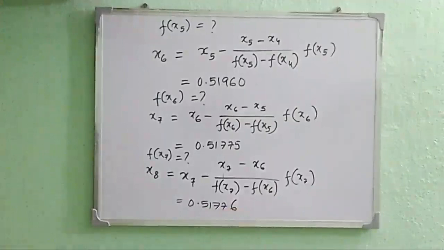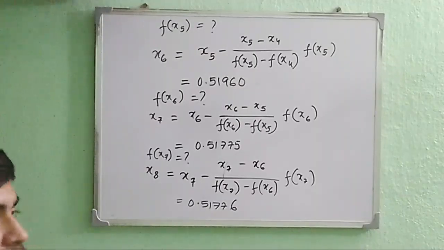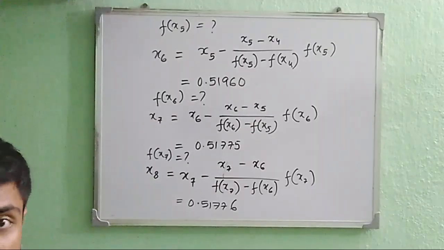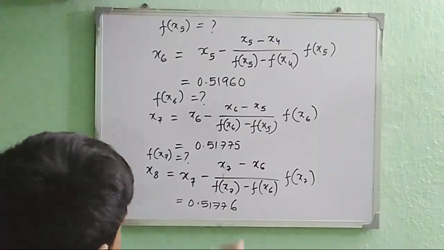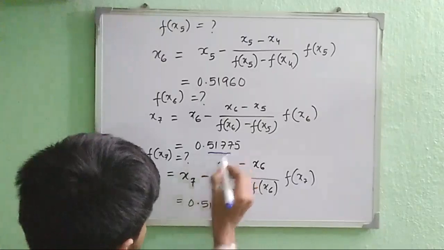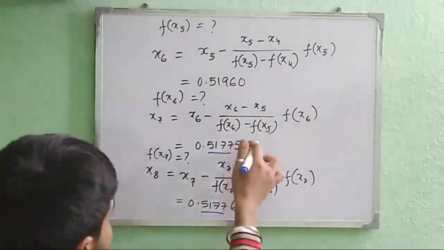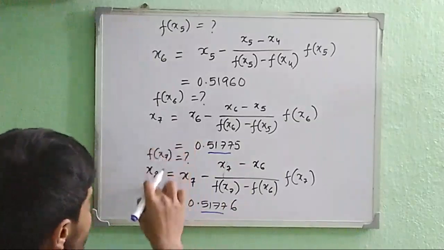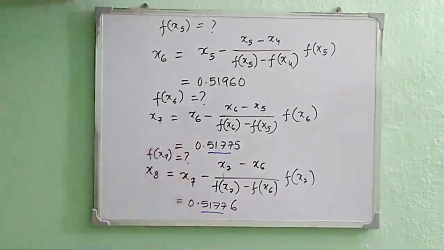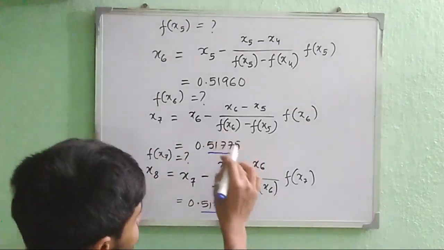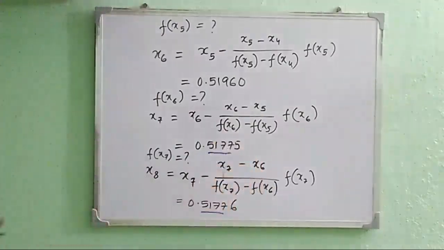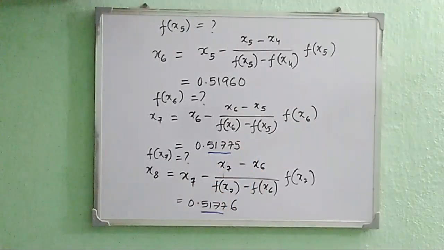Now you will notice one thing. Our question was to find the root of the non-algebraic equation correct up to 4 decimal places. Here, up to 4 decimal places, the answers for both x7 and x8 are the same. When you get the same values for the number of decimal places asked in the question, you stop your iteration.